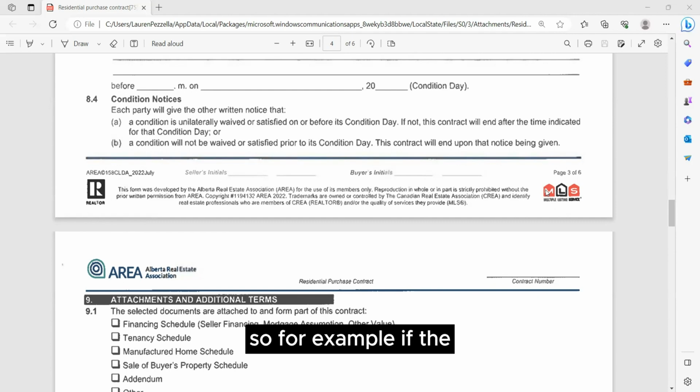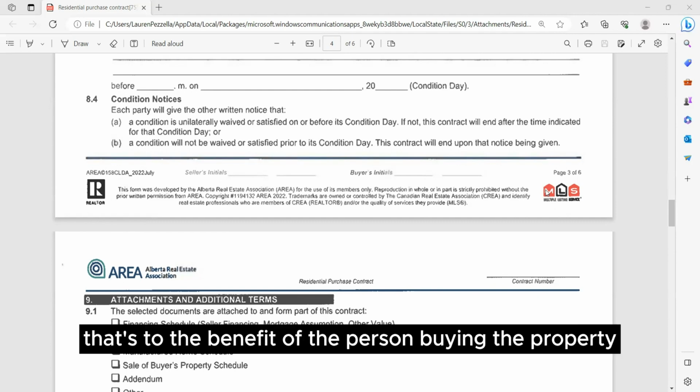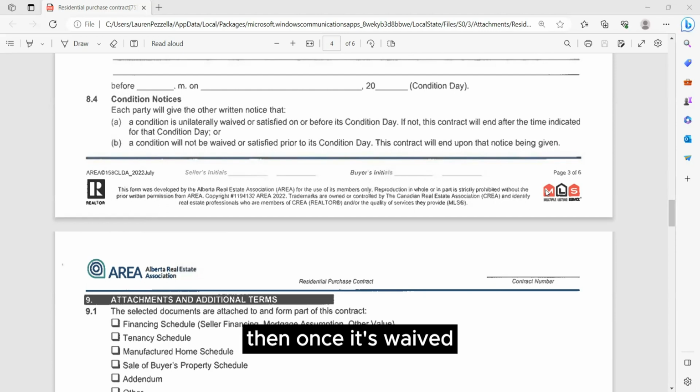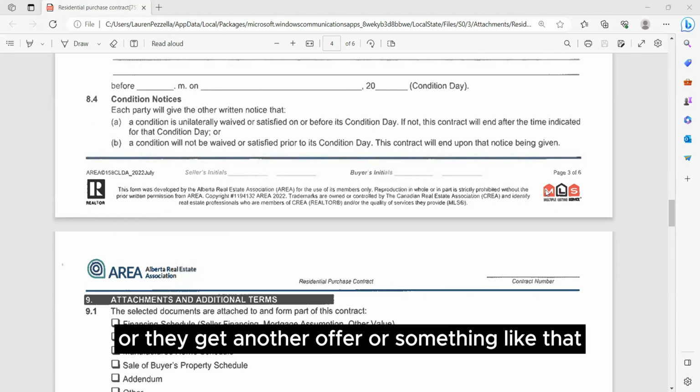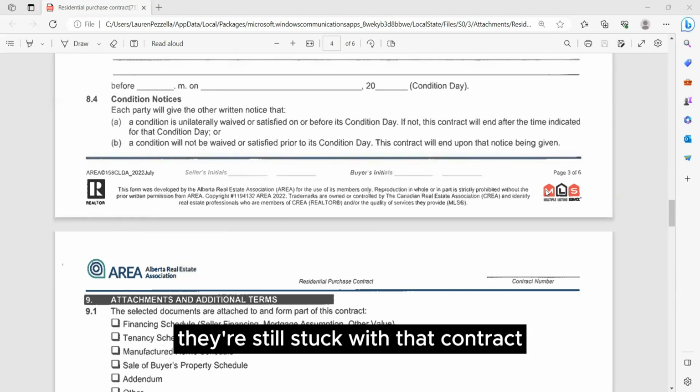For example, if it's a financing condition that benefits the person buying the property, once it's waived, the seller can't void the contract. The seller's still stuck with the contract, even if something changes in their life or they get another offer.